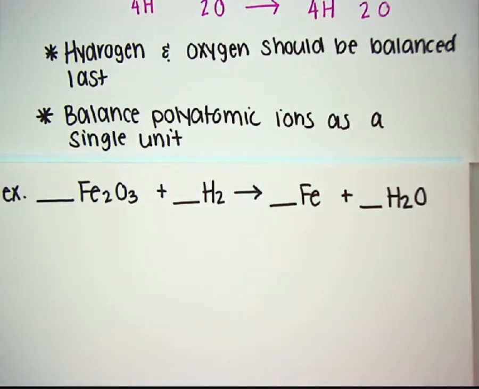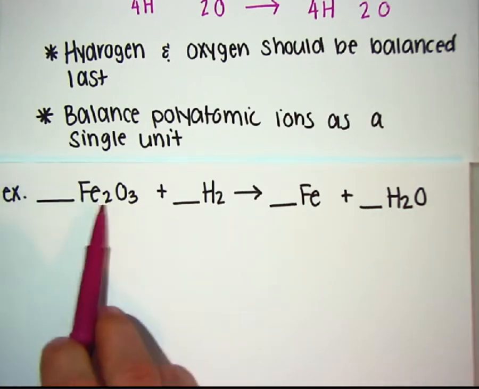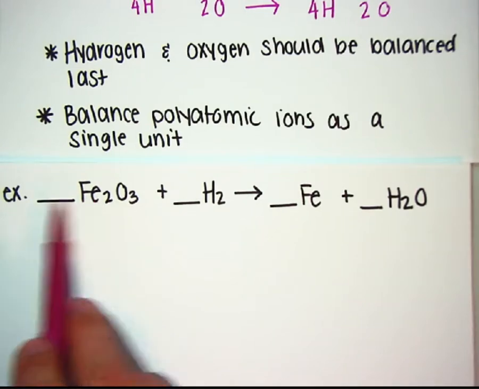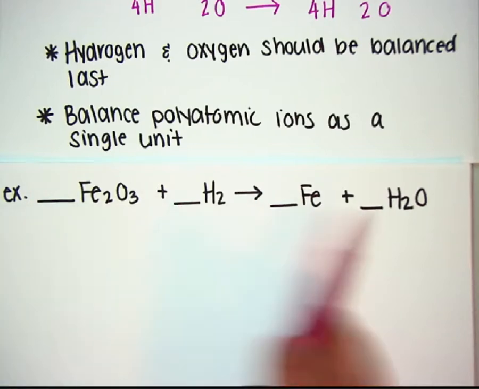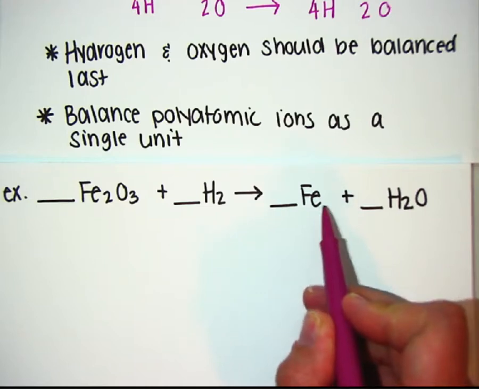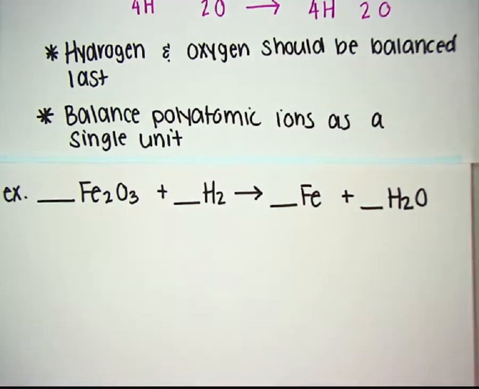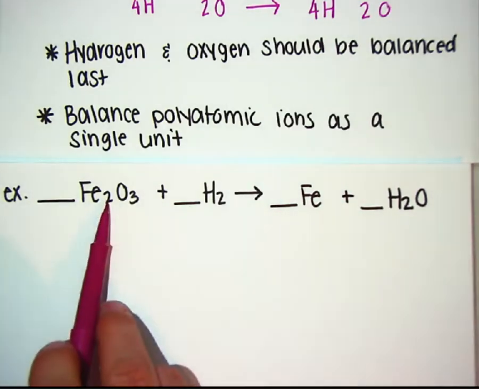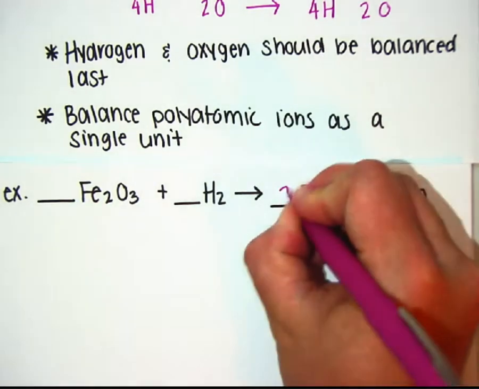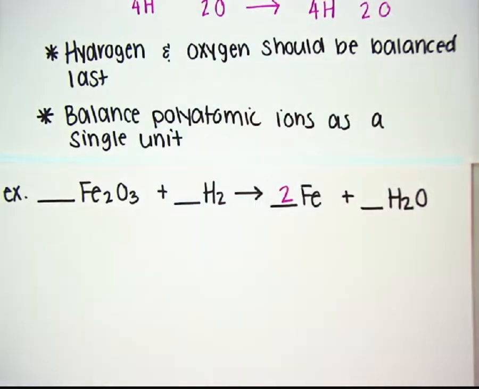We said balance hydrogen and oxygen last, so that means I'm going to start with iron. I have 2 irons on the left. The only thing you can do to balance is add a coefficient in these blanks. You could not add like a subscript of 2 here. You can't change the formulas. So I have 2 irons on the left. I need 2 irons on the right, so I can add a coefficient of 2.